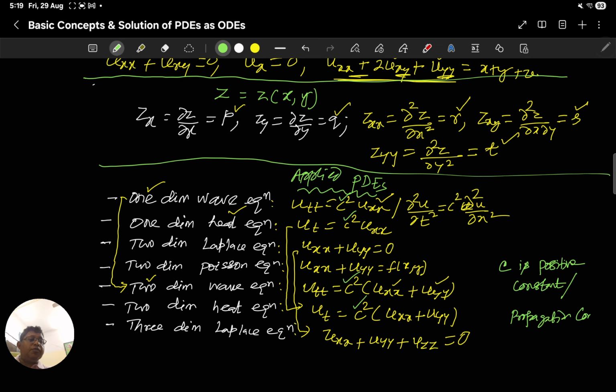Sometimes we are asked to find the value of c such that a given function will satisfy the one-dimensional heat equation, or the two-dimensional Laplace equation. For what value of c will it satisfy the one-dimensional wave equation, one-dimensional heat equation, two-dimensional wave equation, like that. So from a short question point of view, let me discuss such examples.